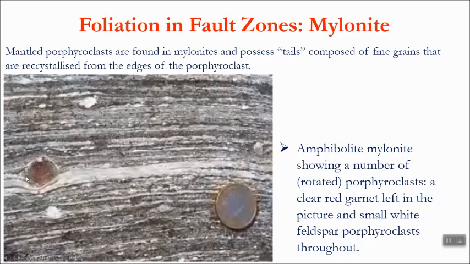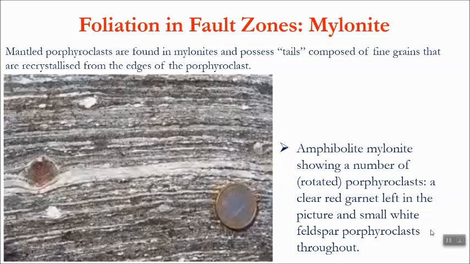If we see this crystal, we have thin tails on both sides, and these are formed due to recrystallization of the edges of the crystal. So due to high pressure, the edges are recrystallized, but the central portion of the crystal is still intact. So these are called porphyroclasts, and we have small white feldspar porphyroclasts also. So this shows how a mylonite actually looks in the field.